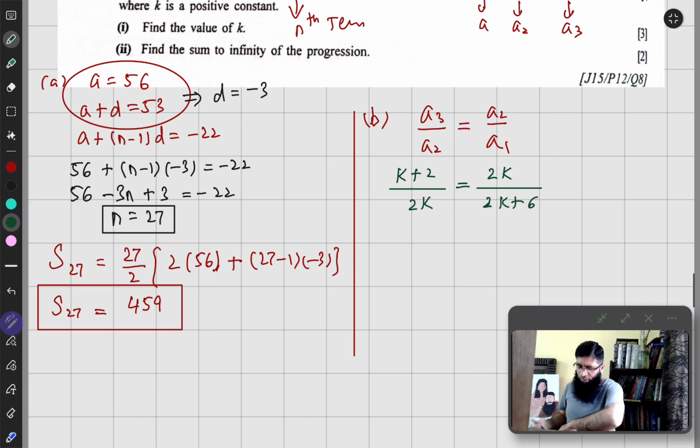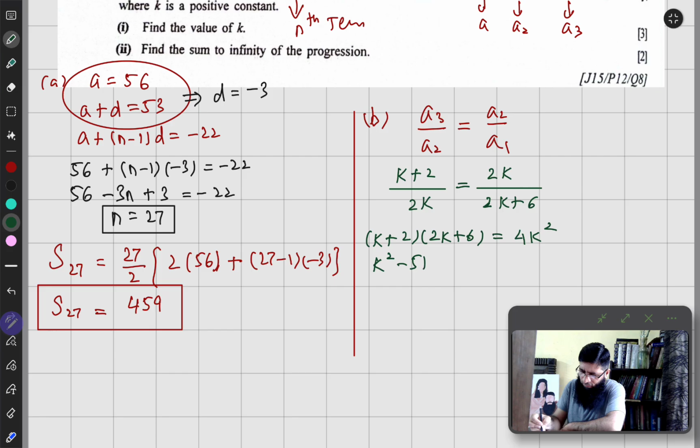Now you will have to cross multiply this. That will give you (k plus 2) times (2k plus 6) is equal to 4k squared. In this way, you will have a quadratic equation in terms of k squared. If you simplify this, k squared minus 5k minus 6 is equal to 0.